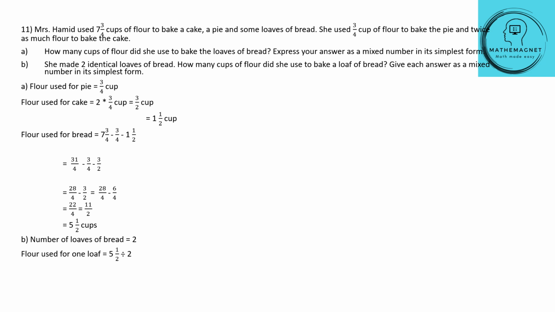So flour used for 1 loaf will be 5.5 cups divided by 2, which will be 5.5 times 1/2. 5.5 can be rewritten as 11/2. Now 11/2 times 1/2 equals 11/4. So 11/4 can be rewritten as 2 3/4 cups. So she has used 2 3/4 cups to make 1 loaf of bread.